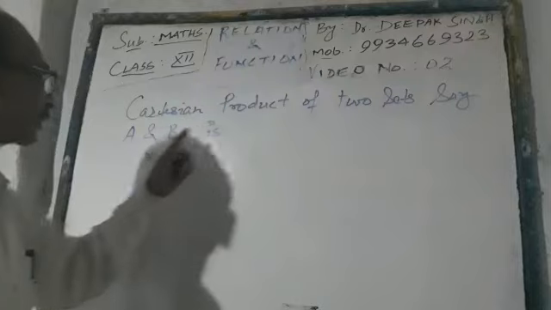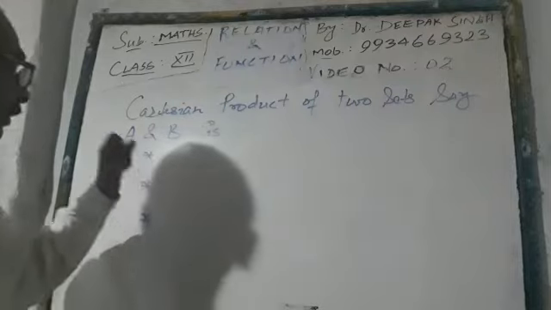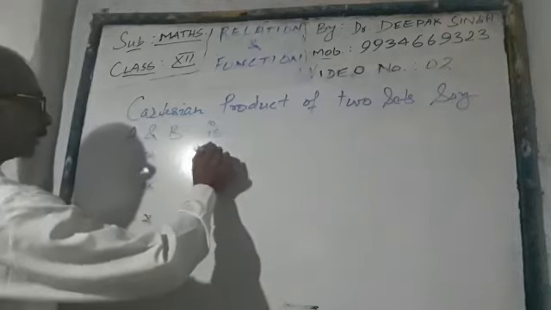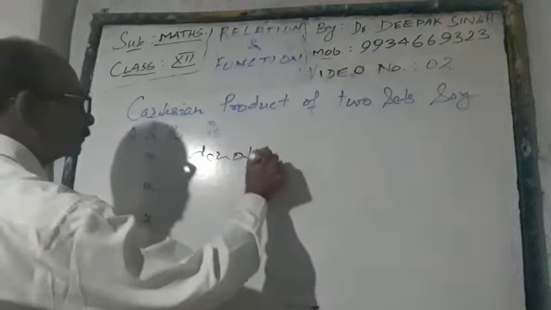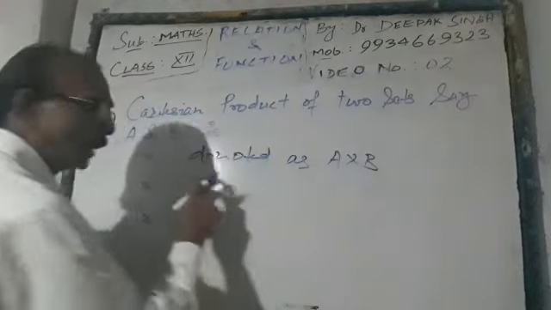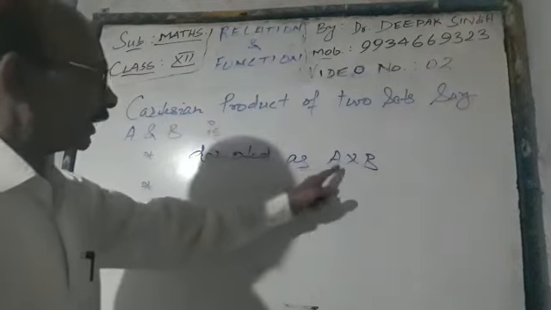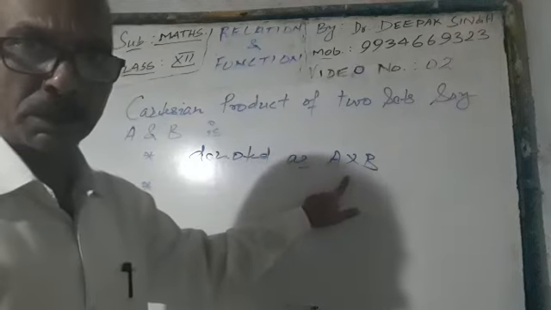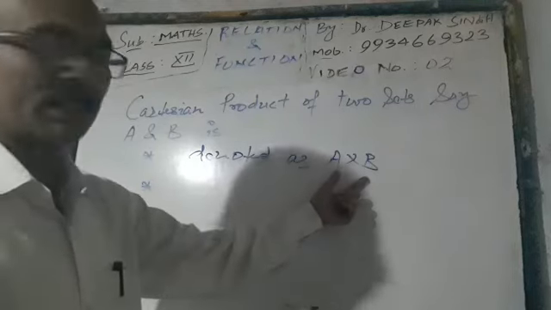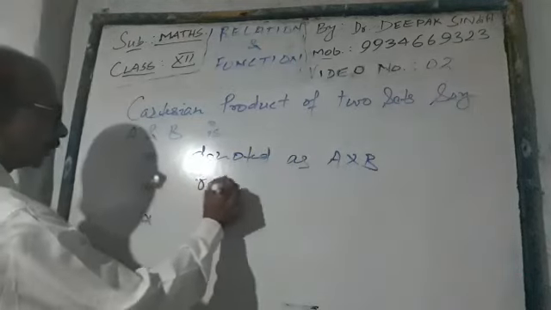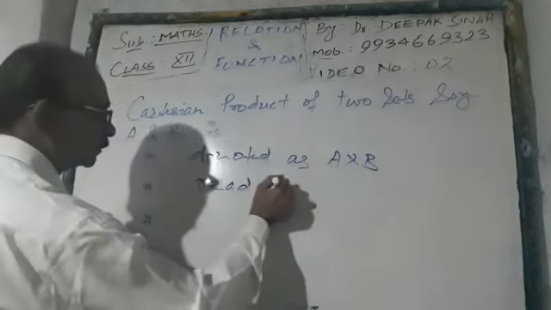The Cartesian product of two sets, say A and B, is denoted as A cross B. Mind it, you don't have to pronounce it as A into B, because the Cartesian product of two sets is read as A cross B. So I just write it over here so that you can remember.